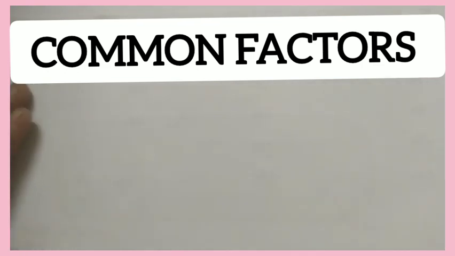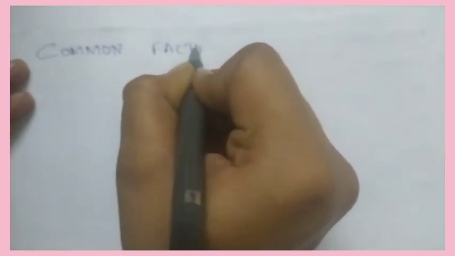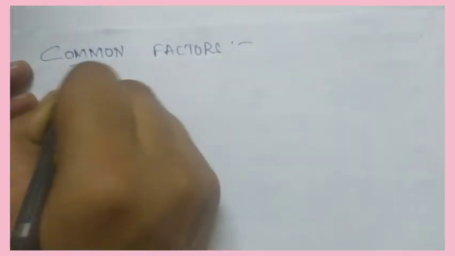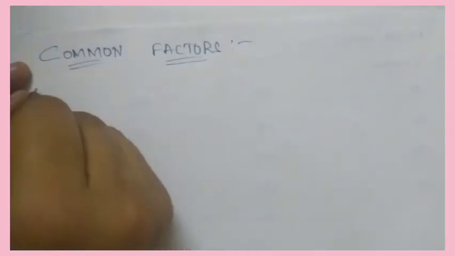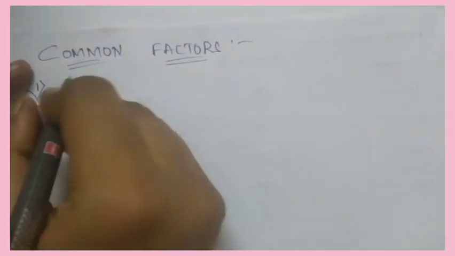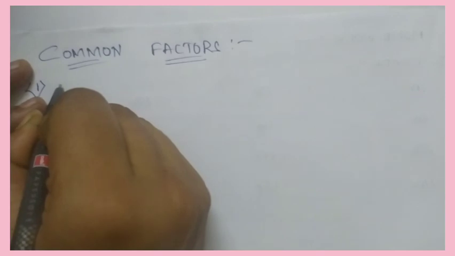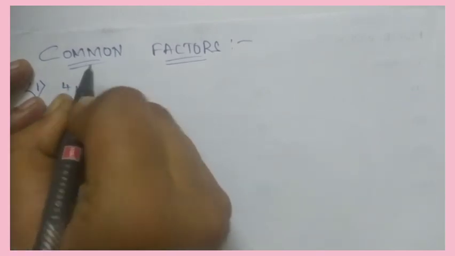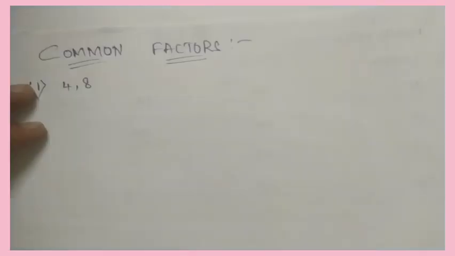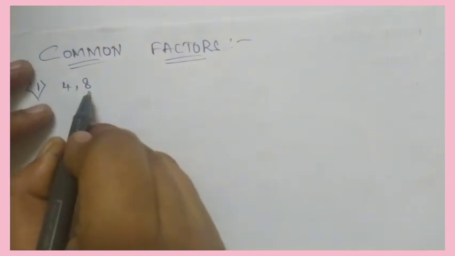Common factors. Already we learned about common multiples. Now let us learn about common factors. For example, I want to find the common factors of 4 and 8.